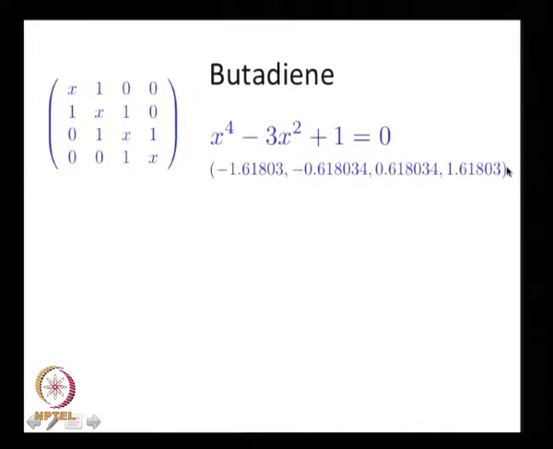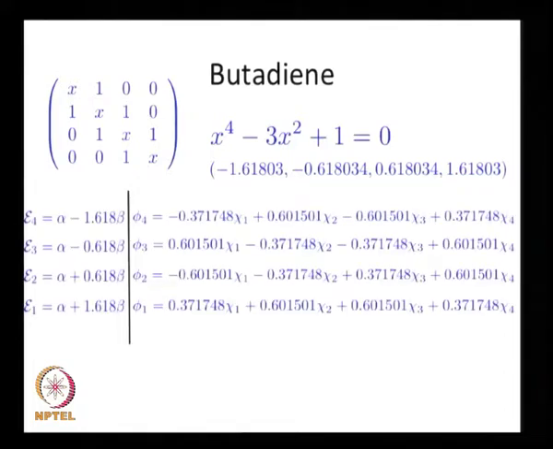So, these actually will give you 4 energy levels, which may be denoted as epsilon 1, epsilon 2, epsilon 3 and epsilon 4. What are their values? They are actually alpha plus 1.618 beta, alpha plus 0.618 beta, alpha minus 0.618 beta and alpha minus 1.618 beta.